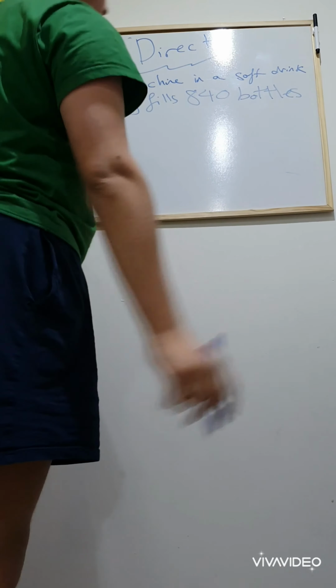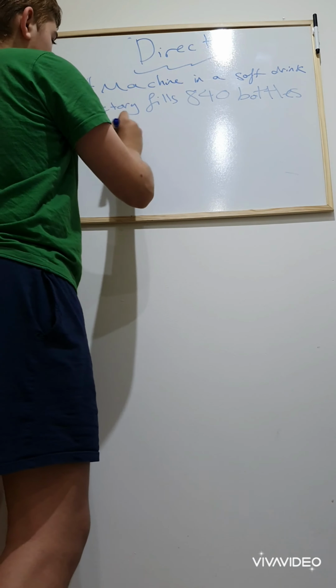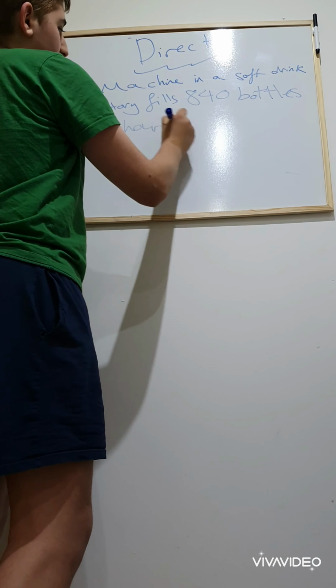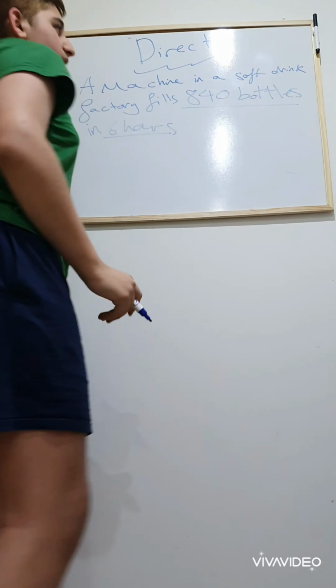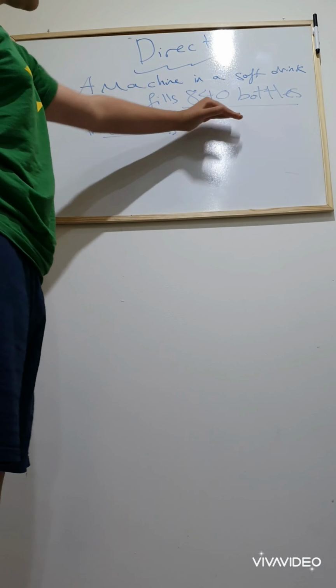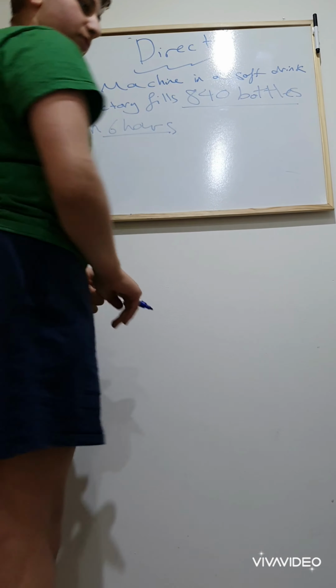And they do that in 6 hours. So guys, whenever you have a question, always underline the important phrases. So like we said, 840 bottles in 6 hours. That's a really important phrase.